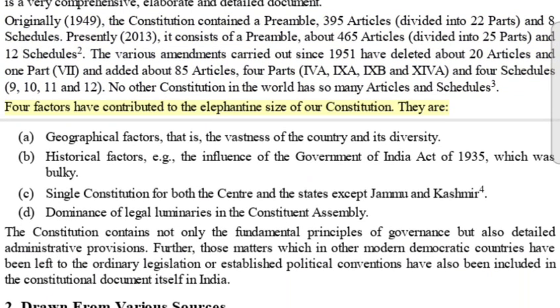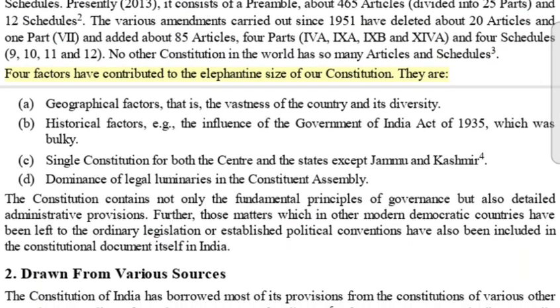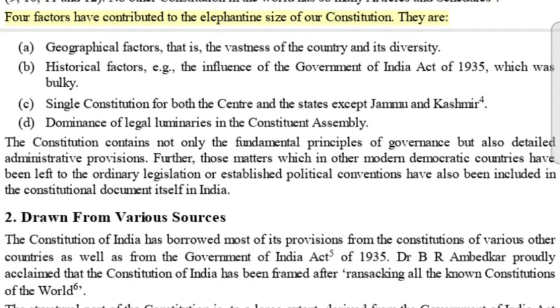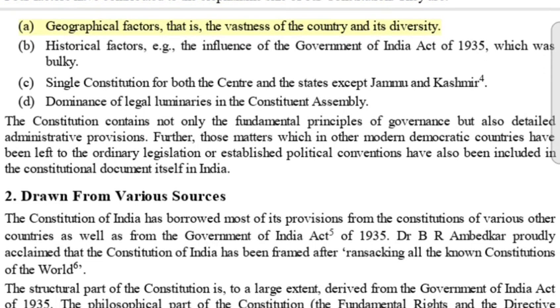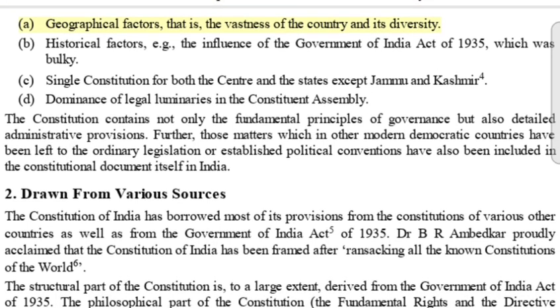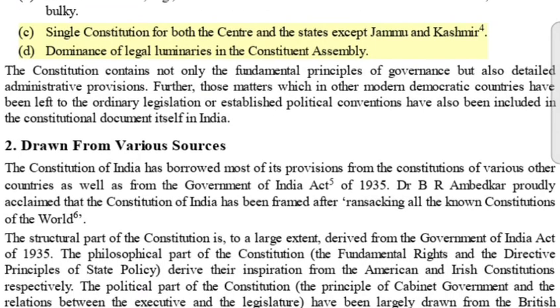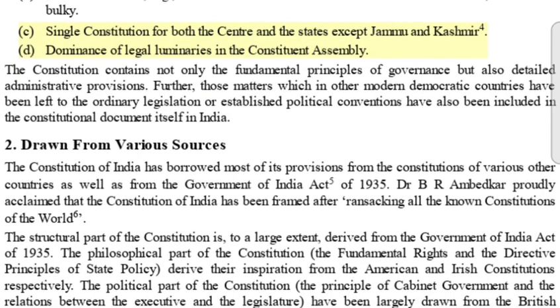Four factors have contributed to the elephantine size of our constitution. They are: A. Geographical factors, that is, the vastness of the country and its diversity. B. Historical factors, e.g., the influence of the Government of India Act of 1935, which was bulky. C. Single constitution for both the centre and the states except Jammu and Kashmir.